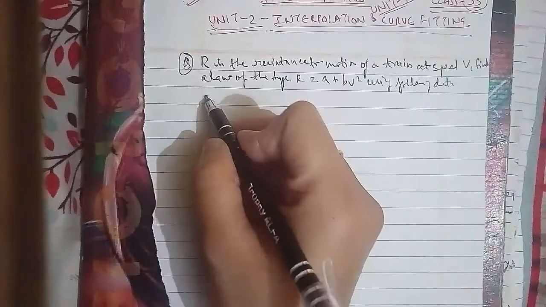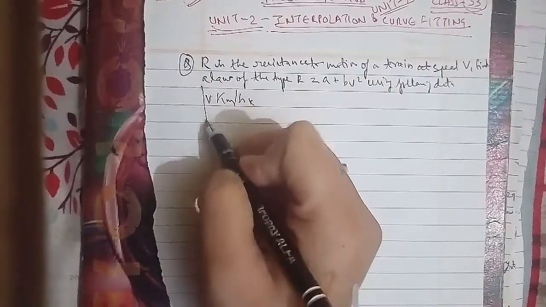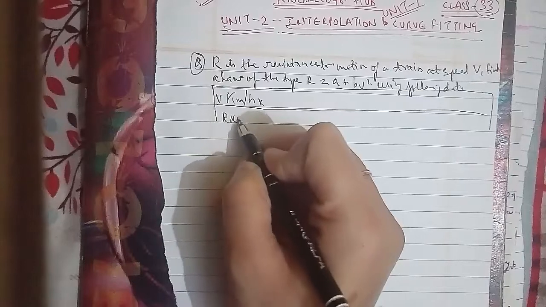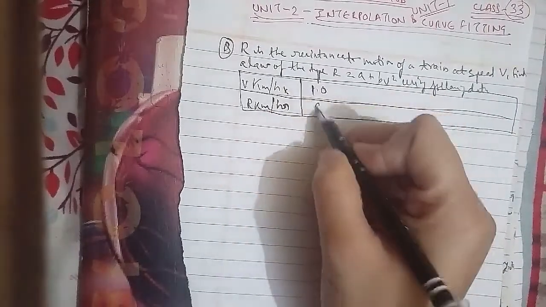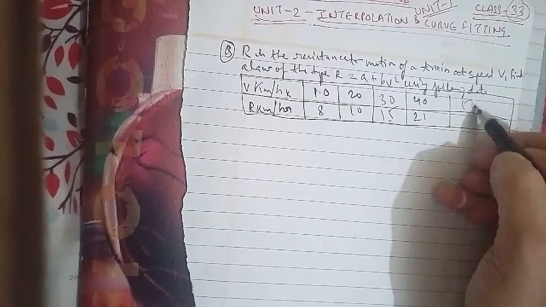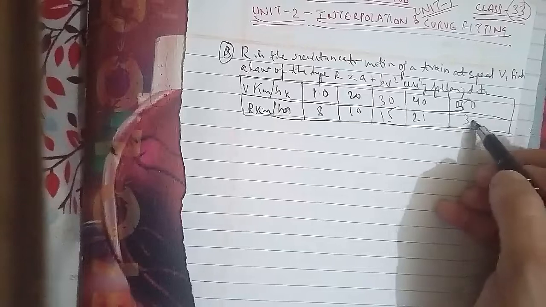V in kilometer per hour and R. The values are V: 10, 20, 30, 40, 50, and R: 8, 10, 15, 21, 30.